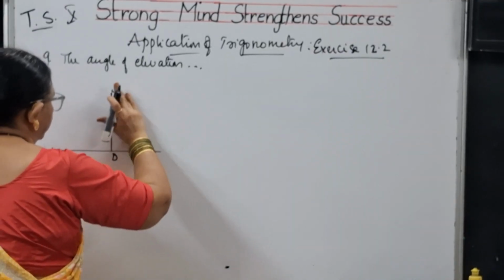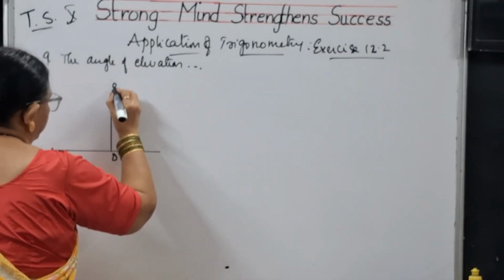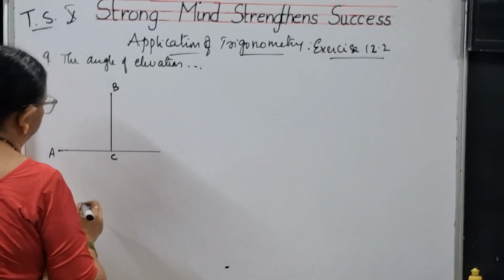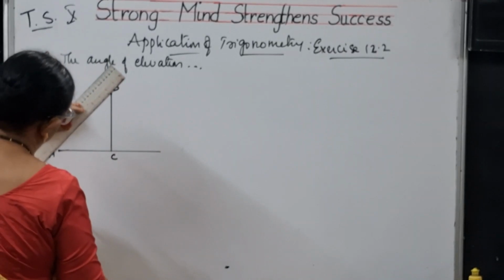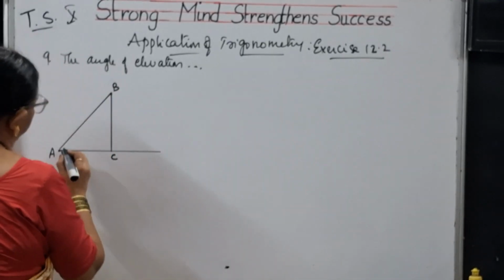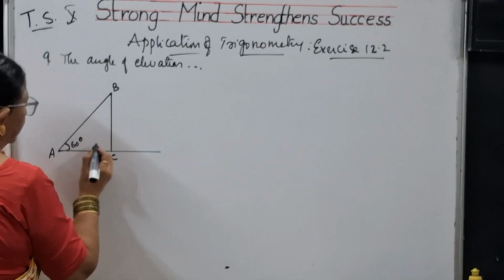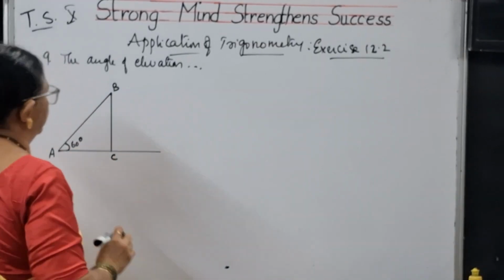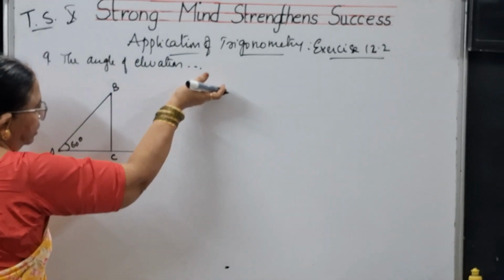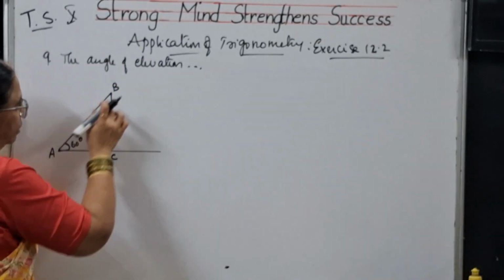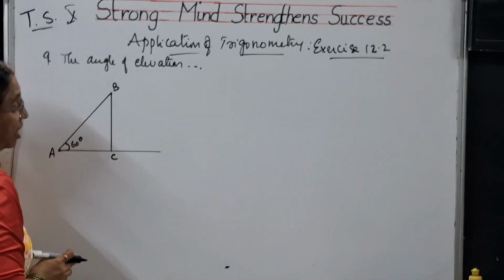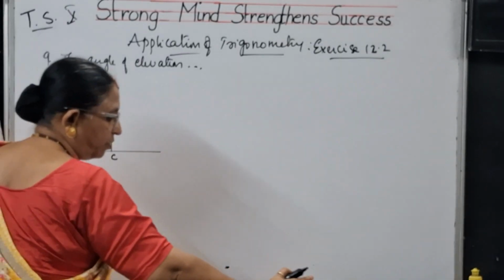Let me take this as B and this as C. BC is the height that it is flying and its angle of elevation is 60 degrees. So this is the position of the jet plane. It is flying in this direction, and from this point the person has observed that the angle of elevation is 60 degrees.